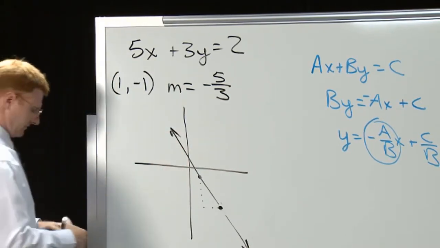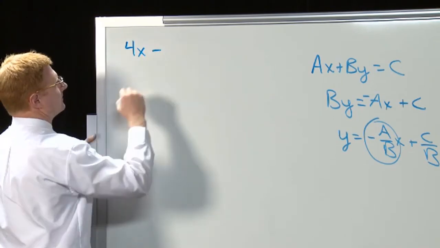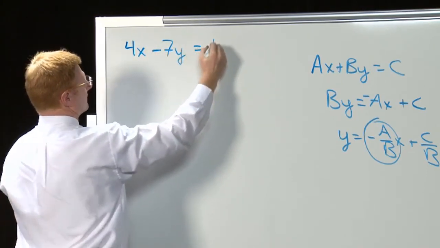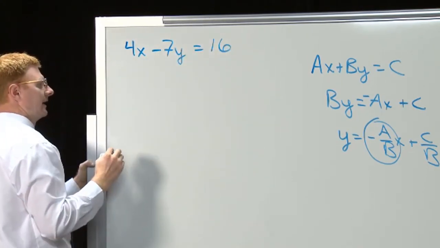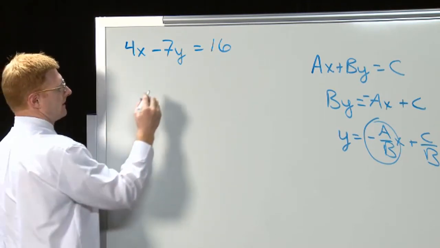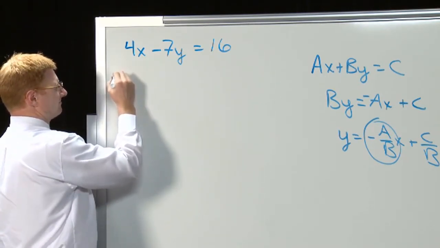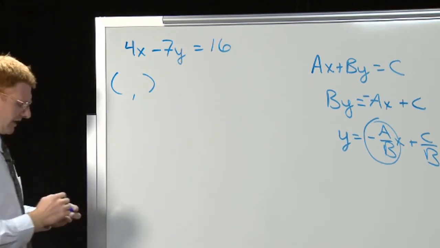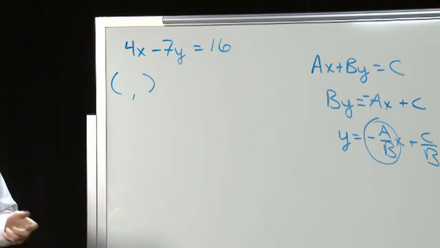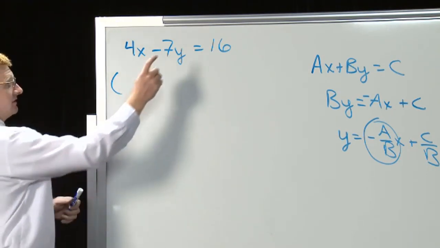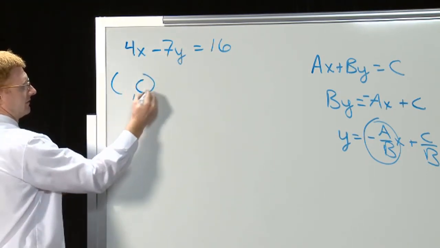Alrighty, let's try another one very similar to that. Okay. So, we need to get a point first. The y-intercept isn't so nice. The good thing about standard form is you're able to pull out the x-intercept really easy if you'd like to. Stick a 0 in for y.